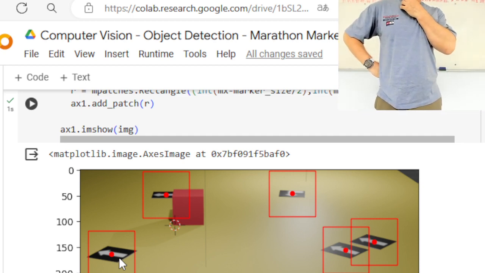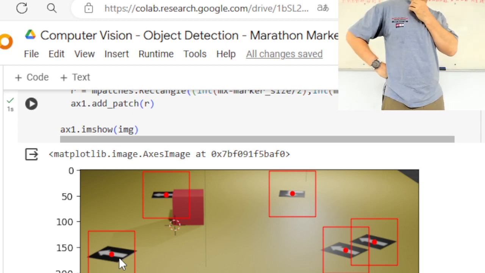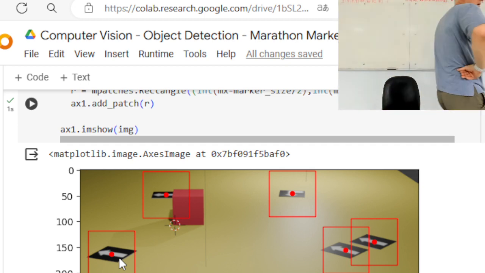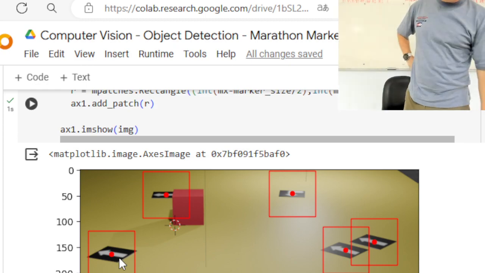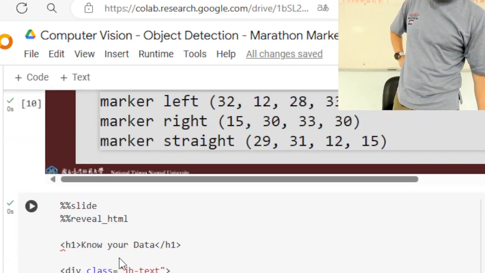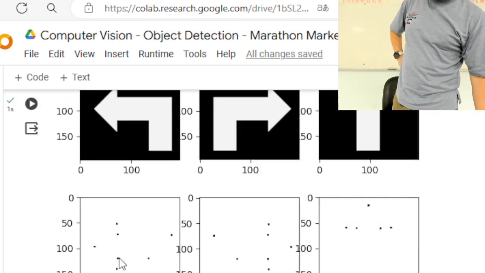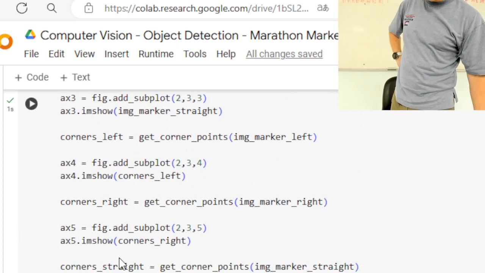So if we don't use color, then we really have no other choice but to use the shape, right? And by shape, we could do something like this. Like at the very beginning of the class, we applied the, which feature tracker?